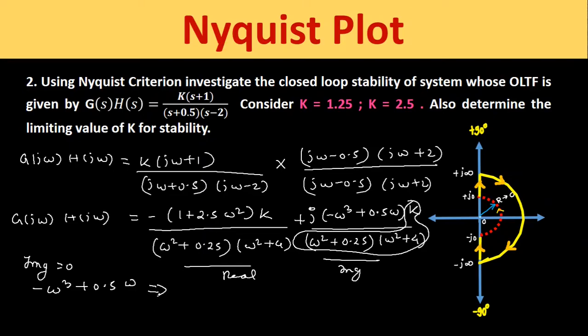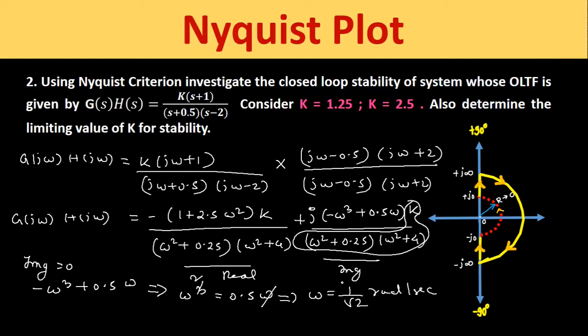So from this equation we will get omega cube is equal to 0.5 omega. This omega will be cancelled out and we will get here omega square. So from here we will get omega is equal to 1 by root 2 radian per second. So this is the frequency at which the Nyquist plot is intersecting the negative real axis.